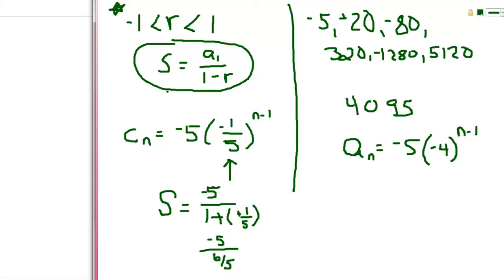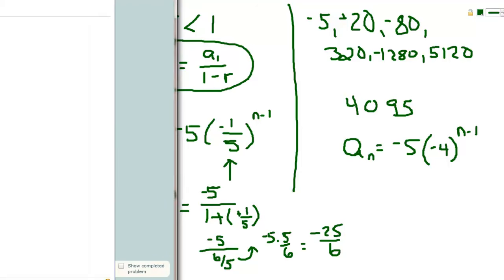And then from there, we can multiply by the reciprocal. So it's going to be negative 5 times 5 over 6, which ends up to be negative 25 over 6. So that's what the sum of that infinite series is going to be, negative 25 over 6. So let's put that here.